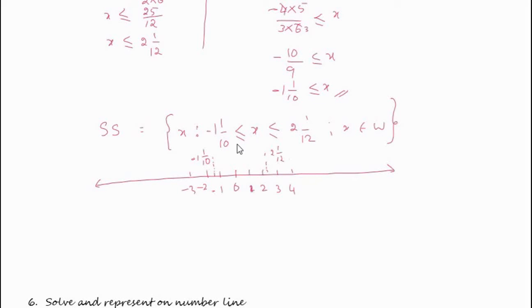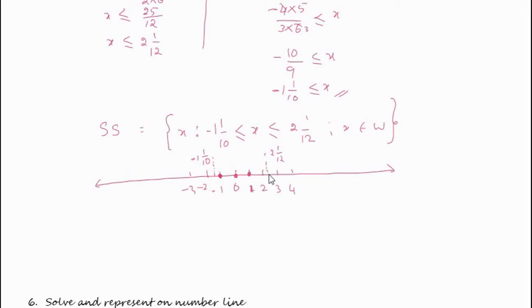So now this is greater than or equal to minus 1 1 by 9. So this is the point minus 1 1 by 9. So it is greater than that. So minus 1 is included. So let me make a thick circle. Then 0 also, that is also included. 1 is also included. Then it is less than 2 1 by 12.